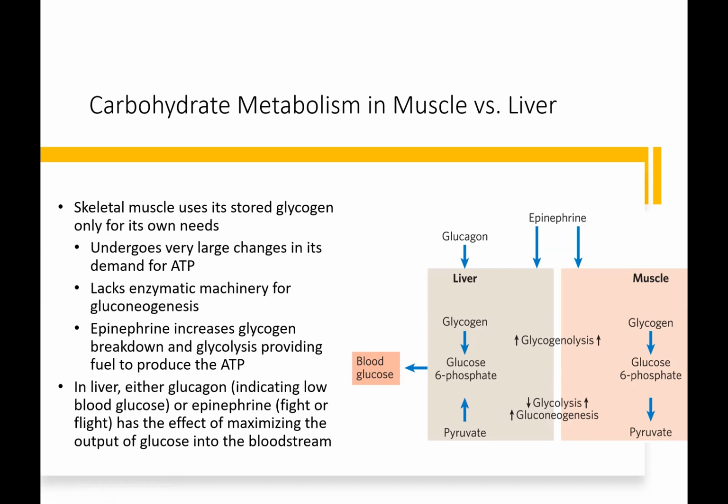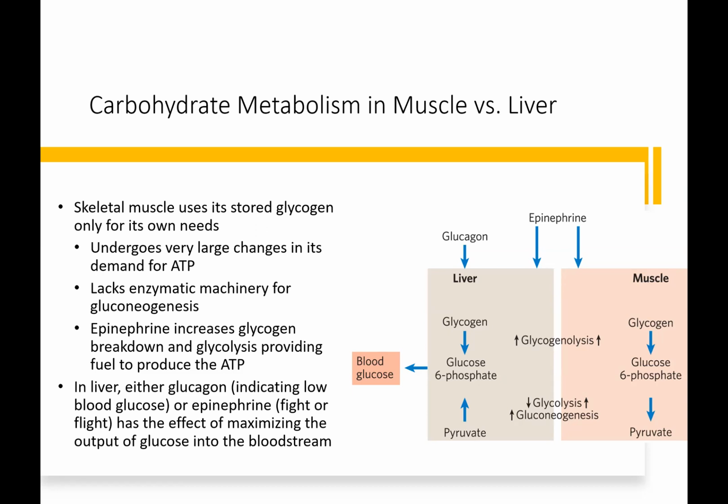So we know this can happen through the breakdown of glycogen or through gluconeogenesis, and it can equilibrate things as needed depending on whether the bloodstream is rich in glucose or needing glucose, whatever the prevailing conditions are.